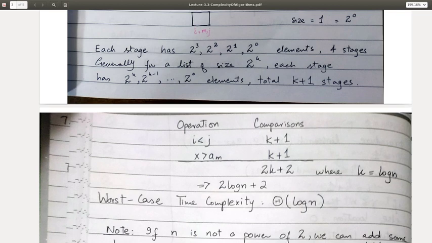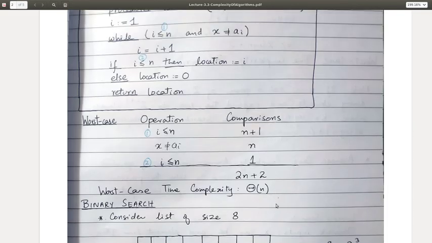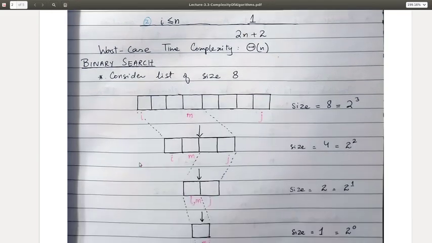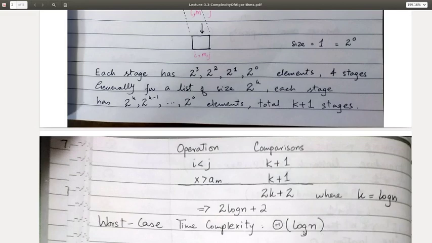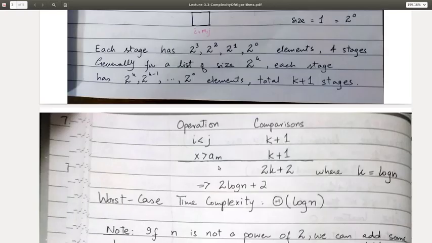So this is something interesting. We had linear search, which had a worst case time complexity of theta n, but binary search has a worst case complexity of log n, and log n is a much smaller class than the linear class, which means the growth of this number is not going to be very large.